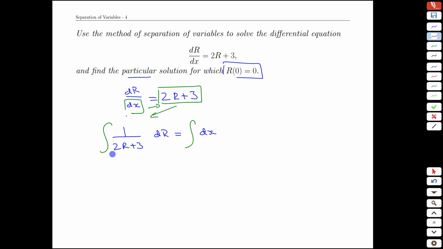The check that we make right now is that this has r's, but no x's, and this has x's, just the dx anyway, but the key thing is no r's in that side. With that in mind, we effectively integrate the number 1. If there's nothing showing, that will give us an x. On the left-hand side, it's a little more complicated. It'll be a ln of what we have there.